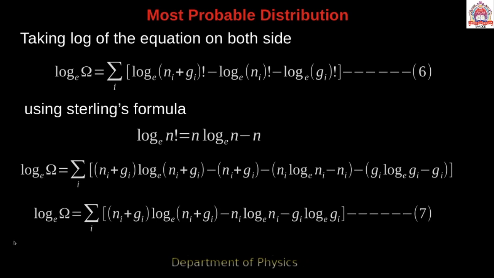Rearranging it, we get summation over I of (ni plus gi) log (ni plus gi) minus ni log ni minus gi log gi, equation number 7.